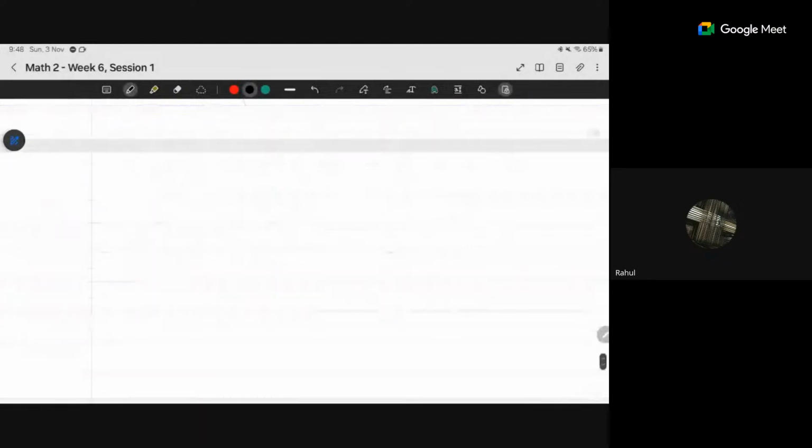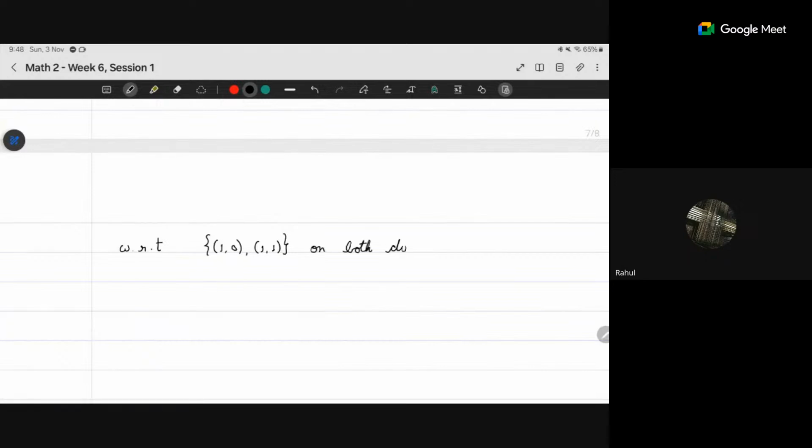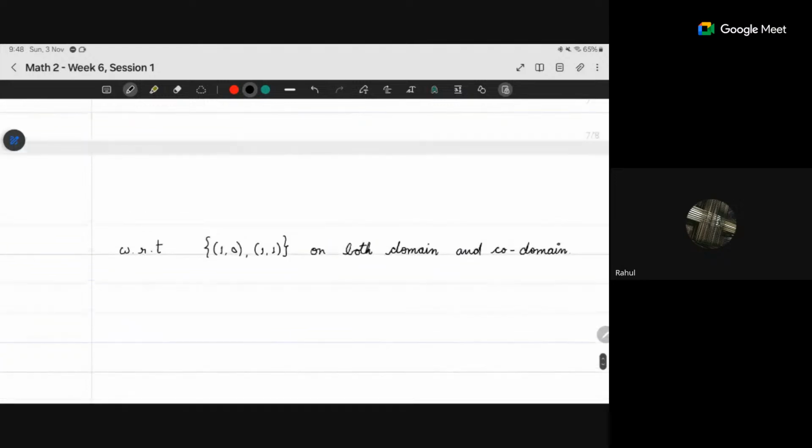Now, not with respect to the standard basis. Suppose with respect to 1, 0 and 1, 1 on both domain and codomain. So the basis that I'm using is different. Right? So what is the algorithm?